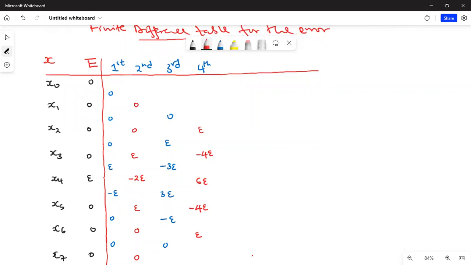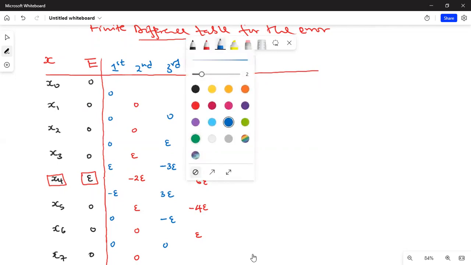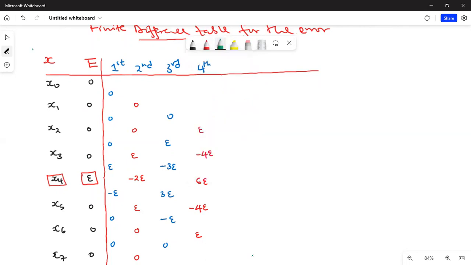Look at, let us track it from x4, because instead of recording the correct value of f of x4, we recorded the wrong value, and so there was an error of epsilon. Let's see how that error is propagated, how it spreads. So we track it from here. See how it is propagated.